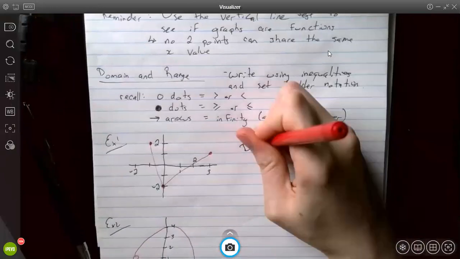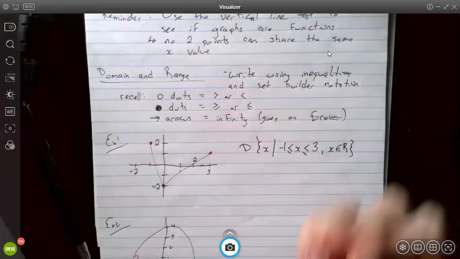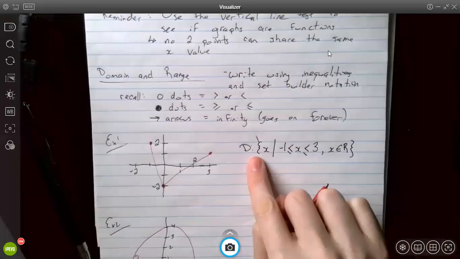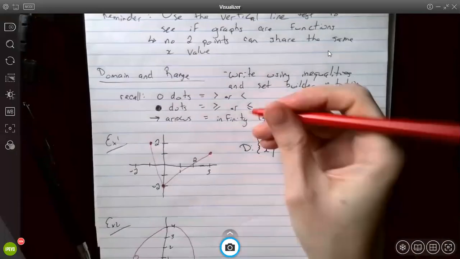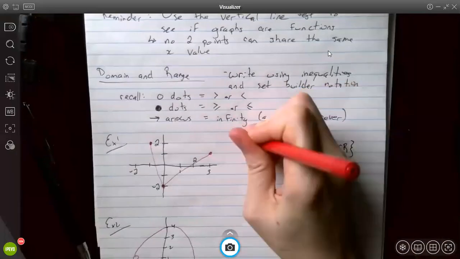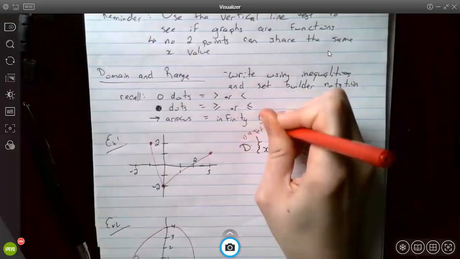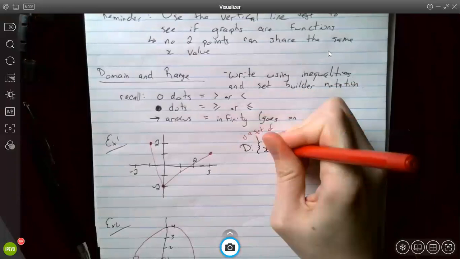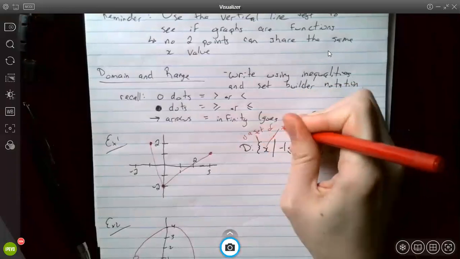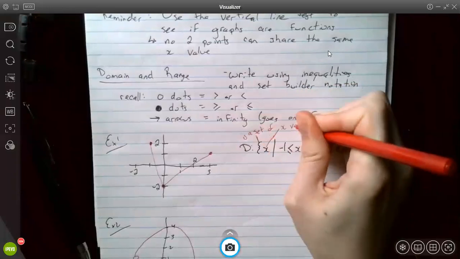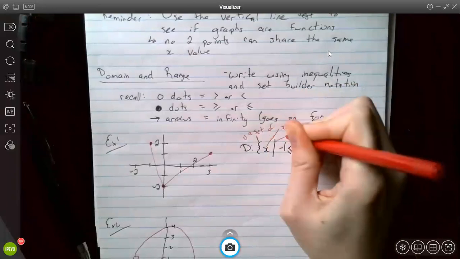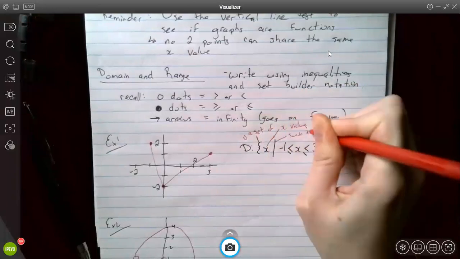So this little squiggly line here just means that the domain is a set of. The X just means X values, and this line means such that.